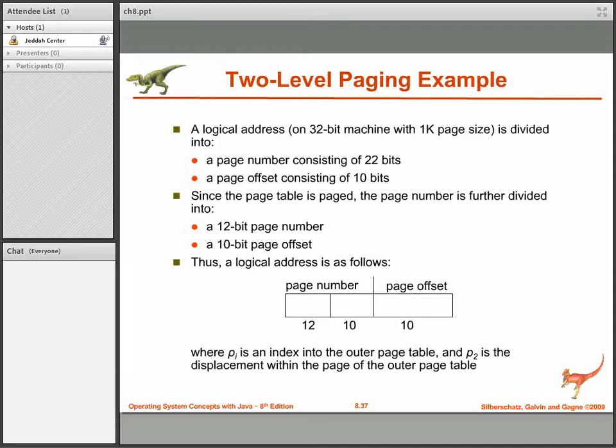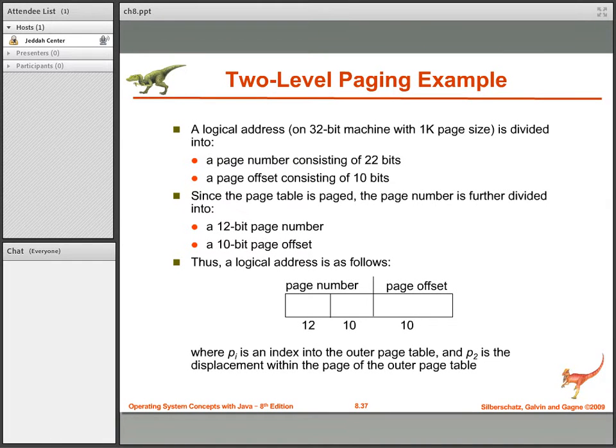Therefore, the logical address is segmented as a page number with 12 bits, and then a page offset giving you 10 bits, which is the remainder from the 22 bits minus the 12 bits, plus the 10-bit page offset.